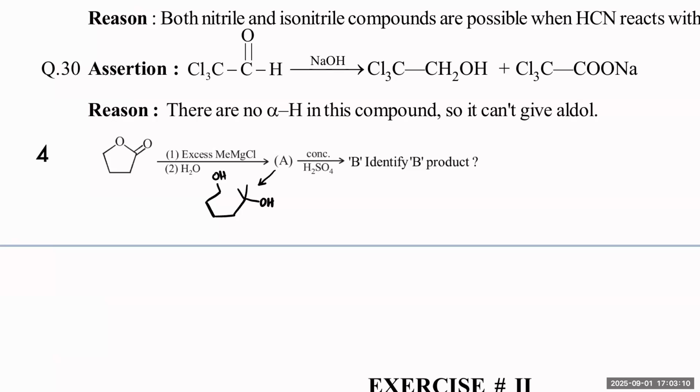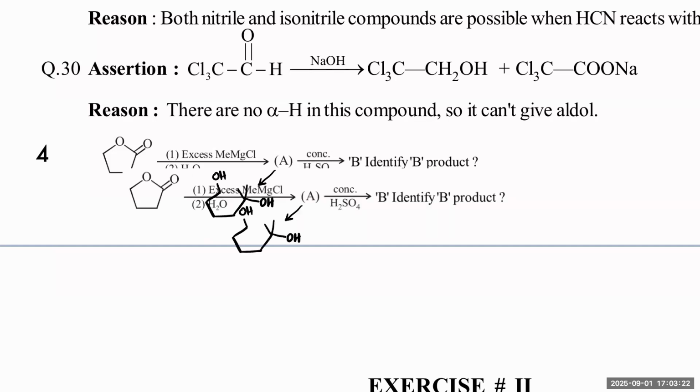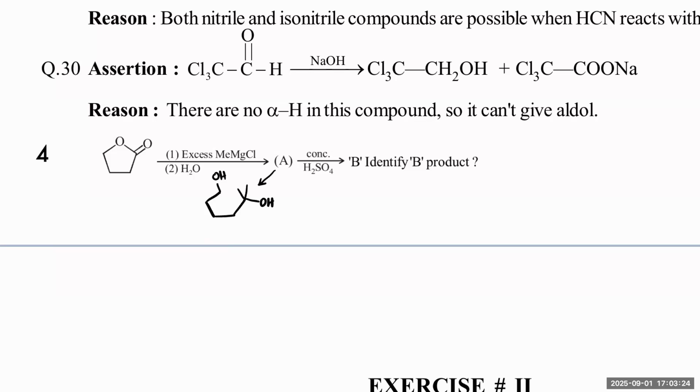And now you are trying to react with concentrated H2SO4. So what will it do? Concentrated H2SO4 will try to dehydrate this compound. So where does the dehydration happen? Here. OH2 plus will come. This group will go away.